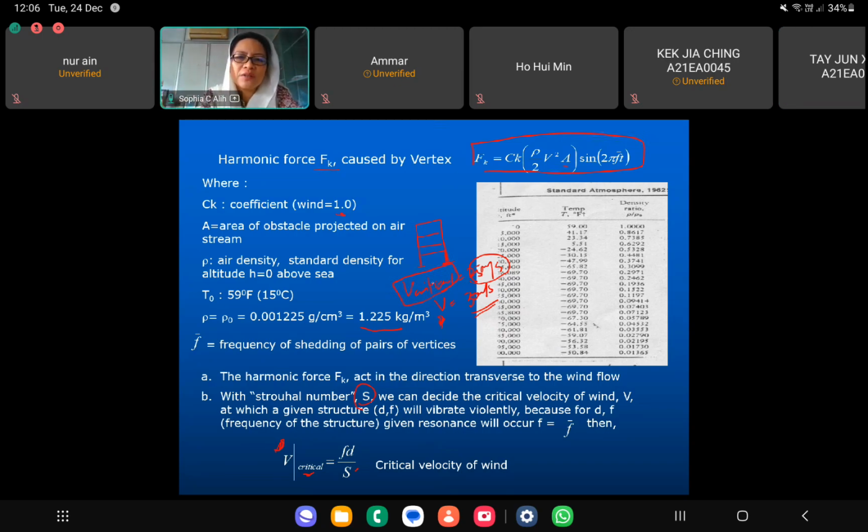The critical velocity that this building can withstand. Yes. So if the building can withstand 25 meters per second, and on the site it is 30 meters per second, is it safe? Oh, sorry, I listened wrongly. So I think it's not safe. Because the building can only withstand 25, and on your site, the wind can go up to 30, right? Yeah, so it's not safe.